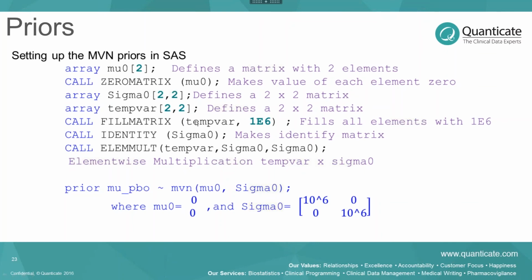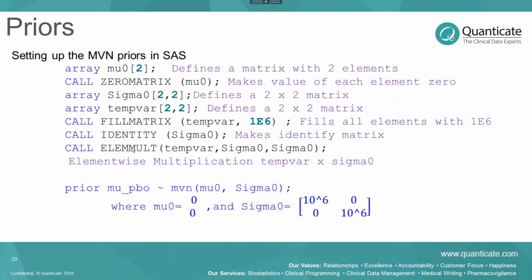Fill matrix, what this does is fills all the matrix of the temporary matrix with the value that you're specifying. So we're going to get a 2 by 2 matrix with all 4 cells having this, which is going to be the variance, a really big number. And then if you remember from your college days, the identity matrix is going to be that, we're calling that sigma, so that gives you the diagonals of 1s and 0s for the rest of the cells.